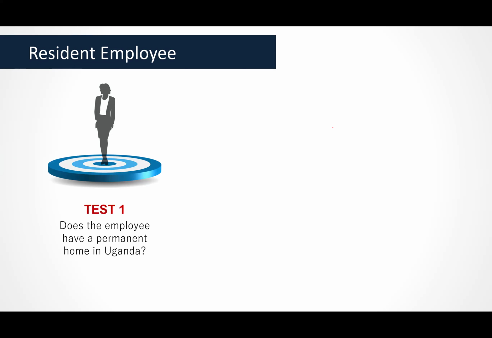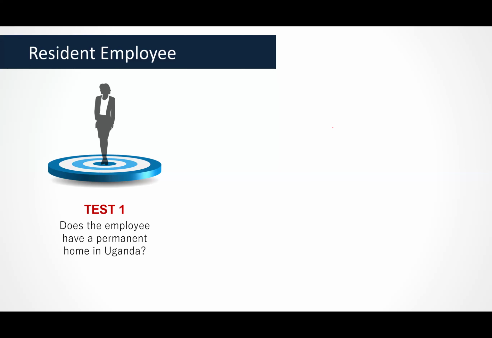The first test is to ask yourself, does the employee have a permanent home in Uganda? If the answer is yes, then that employee is outrightly a resident employee. And you must use the right rates from the other tables I've just displayed.